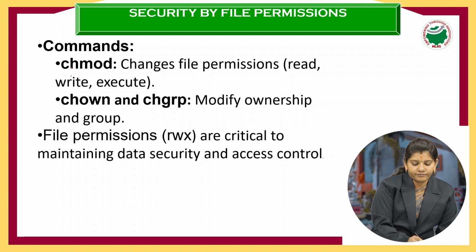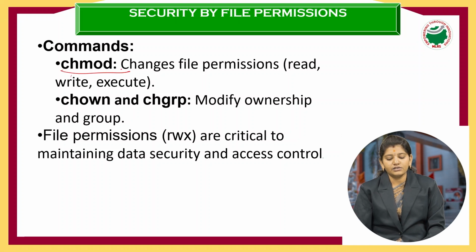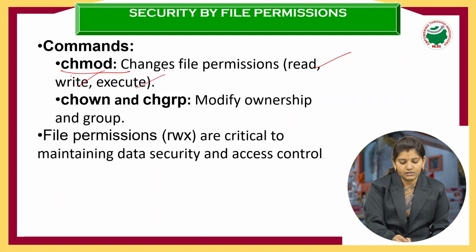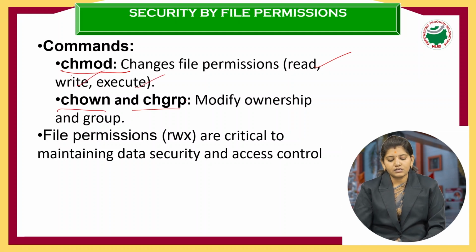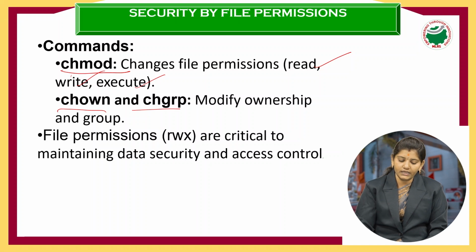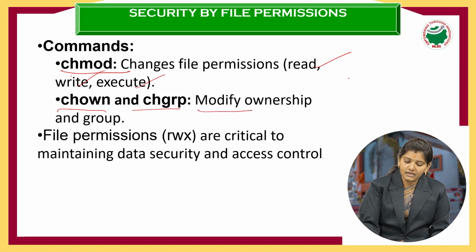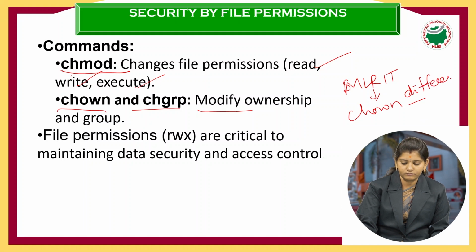So chmod is used to change the file permissions like read, write and execute. And chown, chgrp are used to modify the ownership and the group. For example, for the user Mlritm, we can change the owner to a different name using chown.